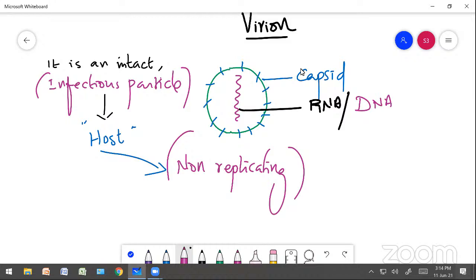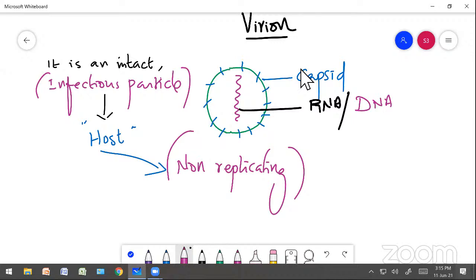If the Virion enters a host cell, it is capable of forming a new generation; new virus particles are produced. But if it comes out from the host cell, it is not replicating. So this is the nature of Virion.